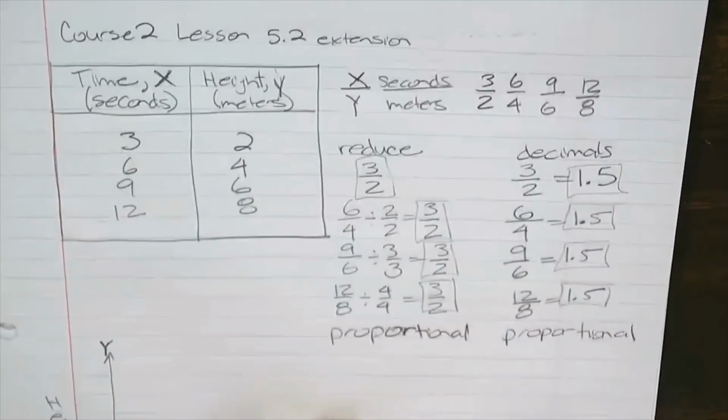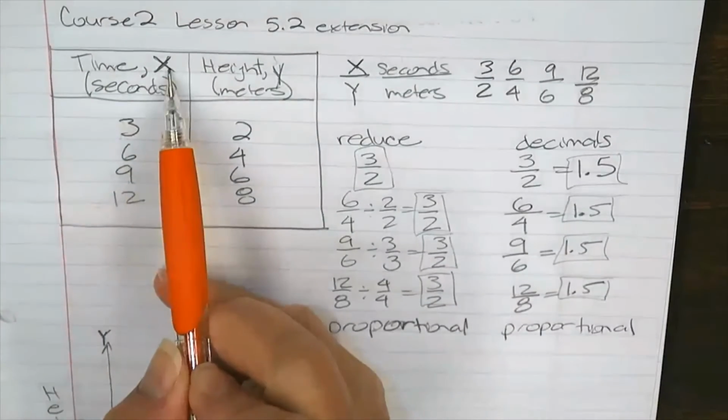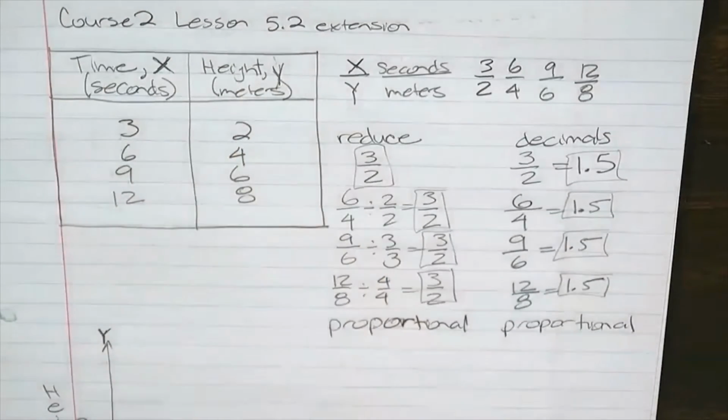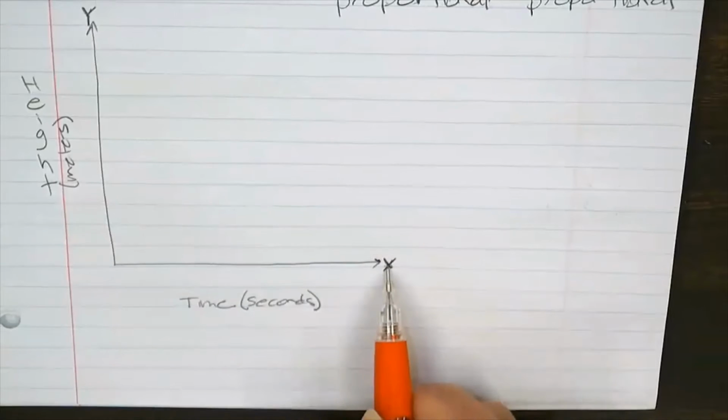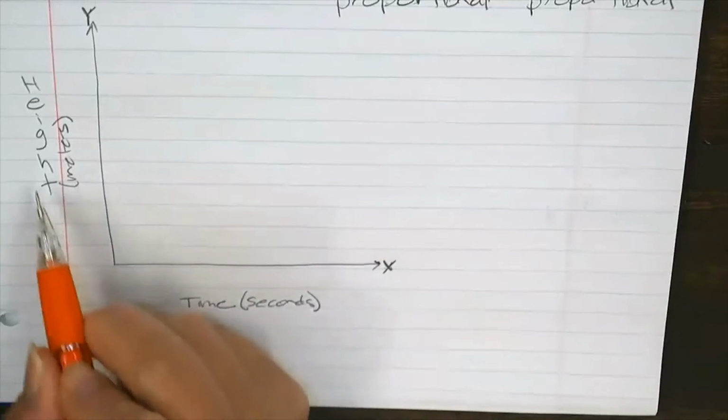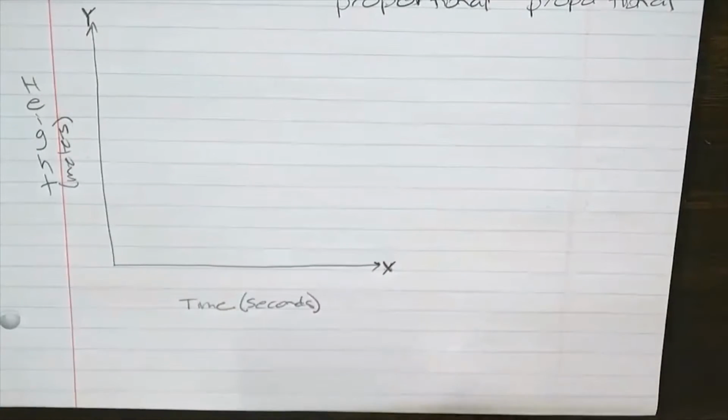Well, they're already telling me the time is X and the height is Y. So the time is on the X-axis and the height is on the Y-axis.